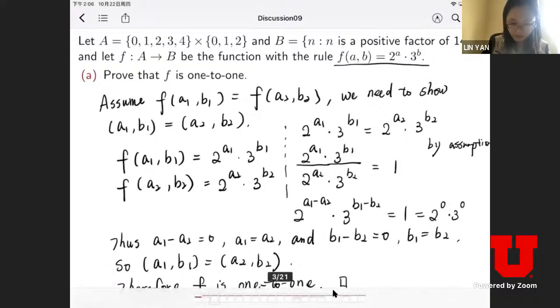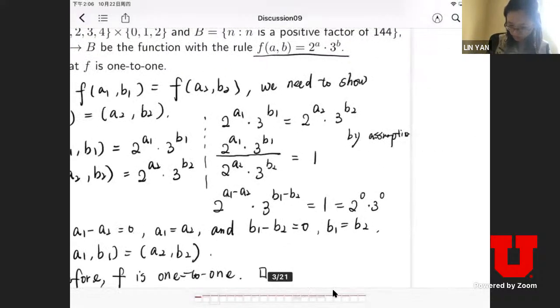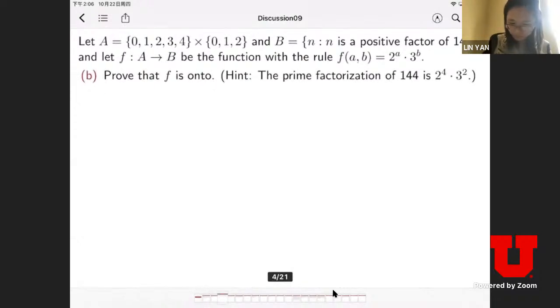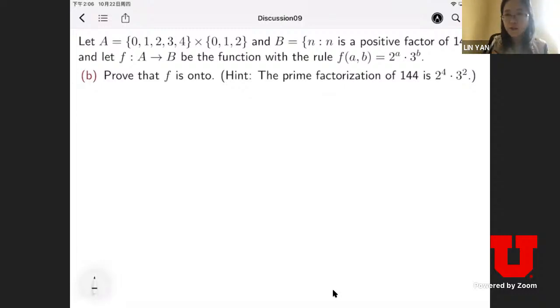Okay, let's go to the second sub-question of this problem. So we need to prove the function is onto. If a function is onto, then when we pick an element from the codomain randomly, we can always find an element from the domain such that f of this element is equal to the element you picked from the codomain.